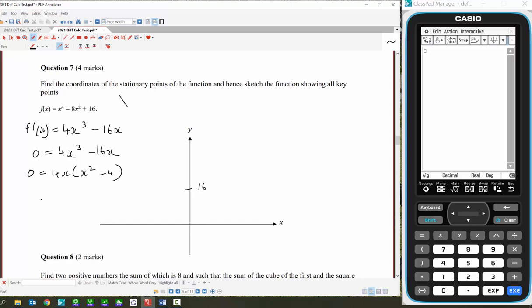Okay, so null factor law time, 4x equals 0, so x equals 0, and this one here, we've got x squared take 4 equals 0, x squared equals 4, x equals plus or minus 2. Okay, so what that means is it's got stationary points at 0, at plus or minus 2.